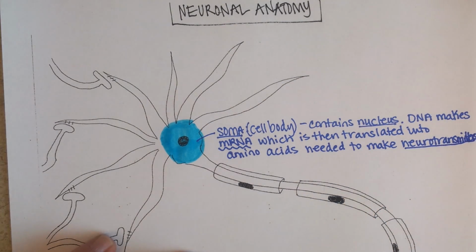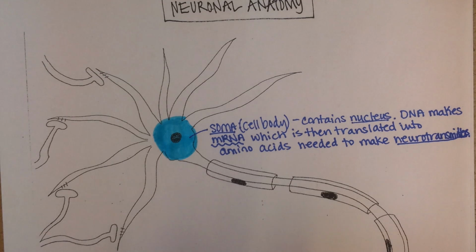Neurotransmitters are the important chemicals that will go past or across the synaptic cleft to go to the next neuron.